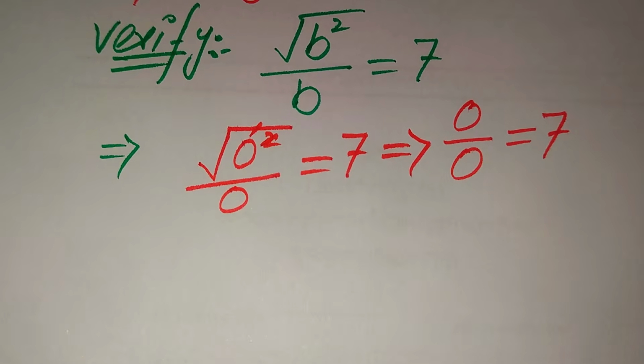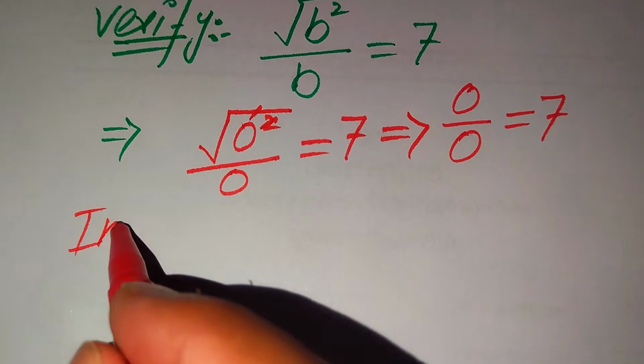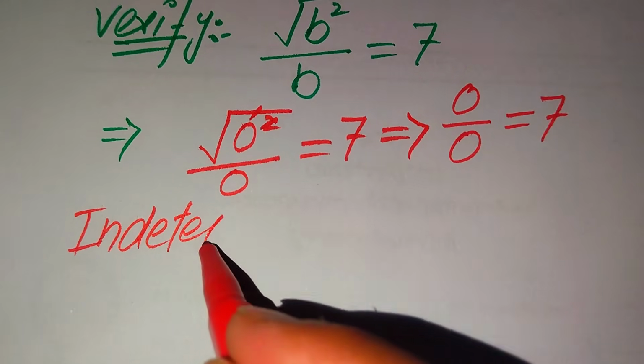So you see that on the left hand side we get 0 over 0 form, or in other words, the indeterminate form.